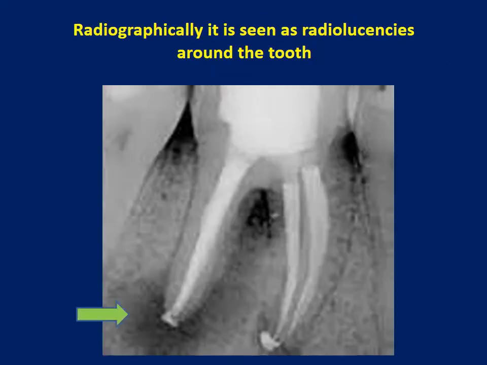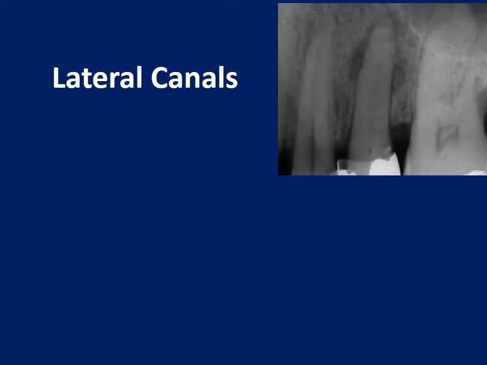Radiographically, it can be seen like this, this is the apical radiolucency, and it may be seen in the bifurcation area as a radiolucency. Lateral canals may be a source of exit of bacteria to the periodontal ligament area.